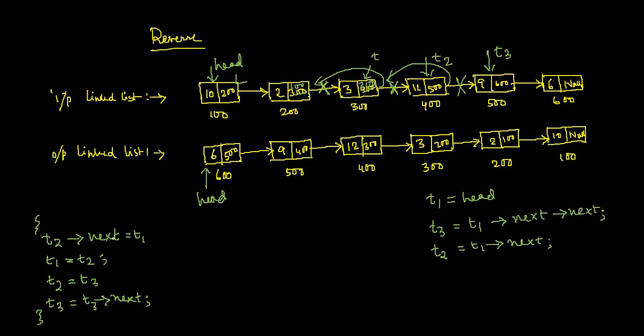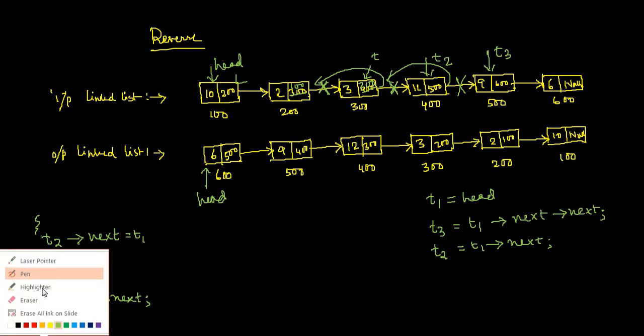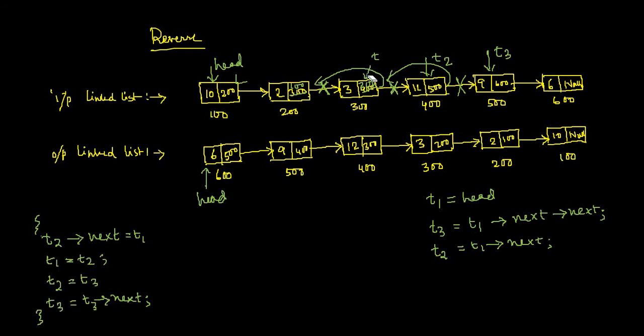Fine. So again, after connecting these two, T1 will become T2. So now T1 is no more pointing over here. T1 will basically point to this node because it is currently T2. Then T2 equal to T3.